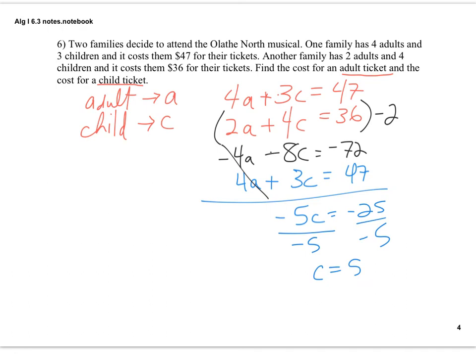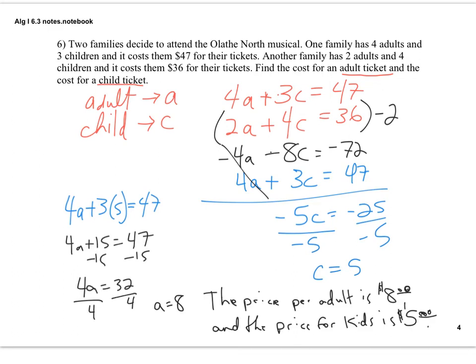All right. Now I'm not quite done. As most of you know, we got to plug in that 5 into the other equation to see what the price of an adult's ticket is going to be. So I've got 4A plus 3 times 5. That equals 47. All right, folks. I went really fast.